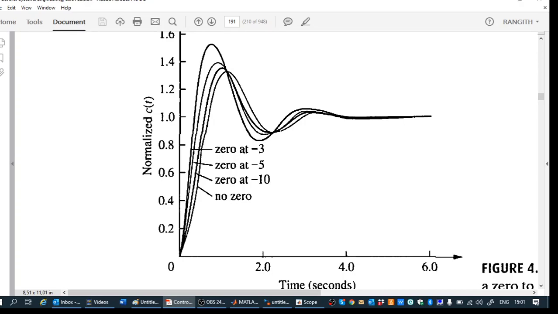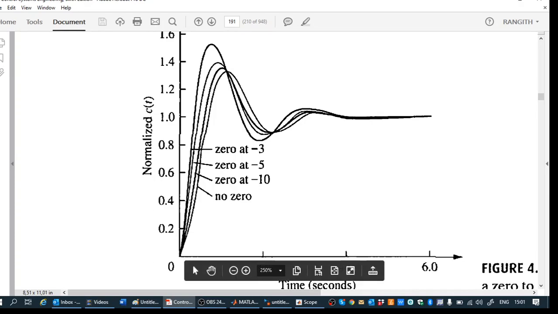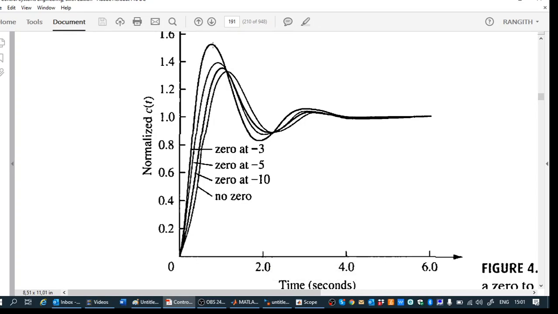So the conclusion that you draw here is that the closer the 0 is to the origin, that is to the 0, 0 point, the higher the overshoot that you have. You can see that the main difference here is in the overshoot as well as in the peak time. If you have a 0 very close to the origin, that is this one at -3, you have a very high overshoot.